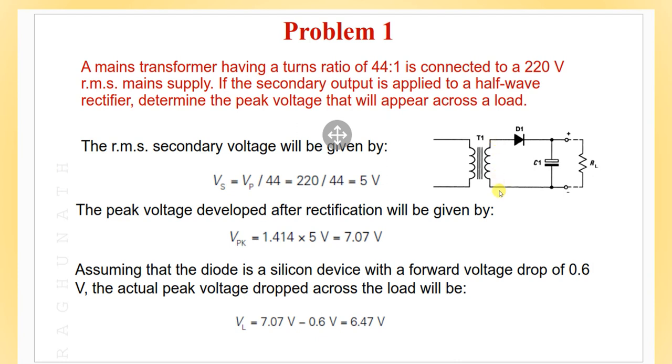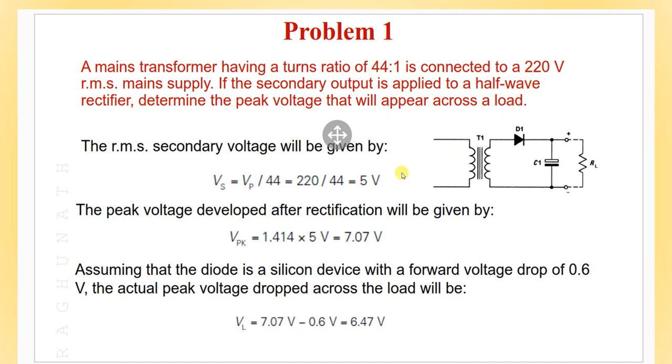For this, the transformer formula is N1 by N2 is equal to V1 by V2, so V2, that means secondary voltage, is equal to N2 by N1 into V1. N2 by N1 is 1 by 44, into primary voltage 220.